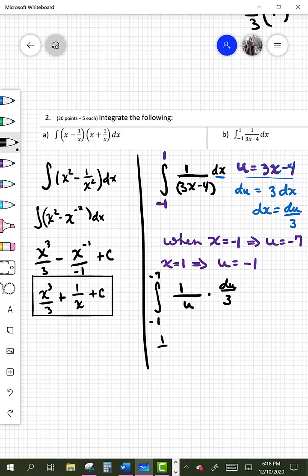We can pull the 1/3 out. Taking the antiderivative of 1 over u is the natural log. We need to be careful because we can't take the natural log of a negative number, so you need the absolute values around this u. This is a definite integral, so we don't have the plus c, and we're evaluating that from negative 1 to negative 7.